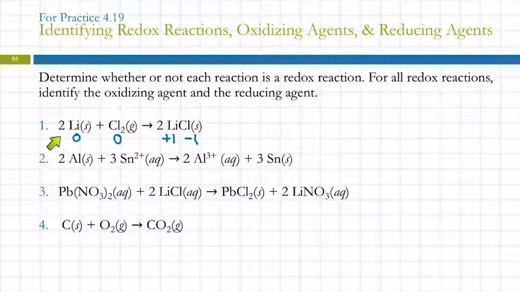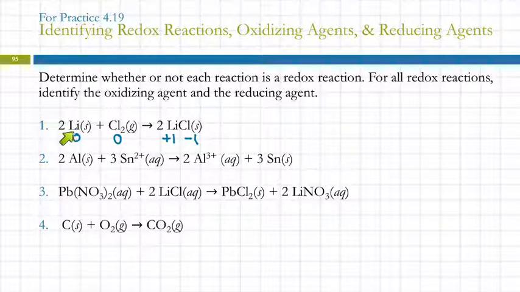So the lithium went from 0 to +1, so it lost an electron, right? Oxidation is loss of electrons. This went from 0 to -1, it gained an electron. Reduction is gain of electrons. So oxidation is loss of electrons. This one's being oxidized.